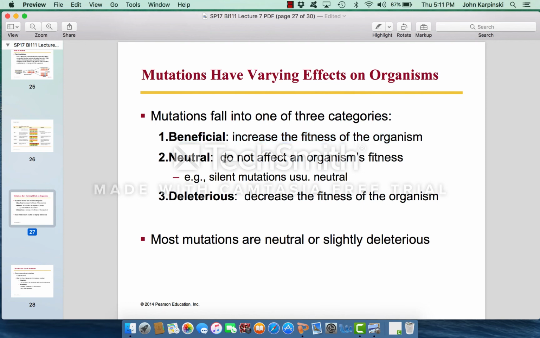Sometimes mutations can have really no effect, just like the silent mutations where there's a change in DNA, but it doesn't change the protein. And then sometimes they can be deleterious, as we saw with the sickle cell anemia example, where a missense mutation leads to the sickling of red blood cells and then ultimately cardiovascular problems.